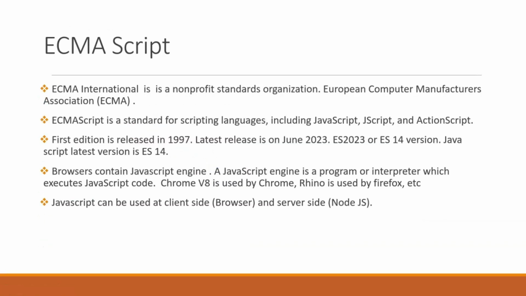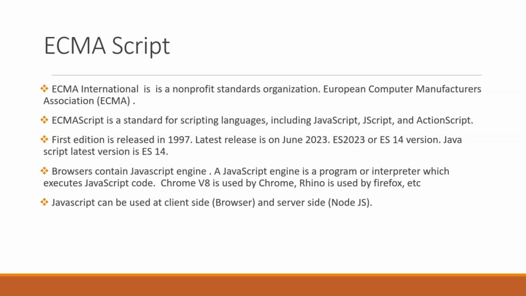What is ECMAScript? Netscape submitted JavaScript to ECMA International. And what is ECMA International? It is a non-profit standards organization, and ECMA's full form is European Computer Manufacturers Association. This ECMAScript is a standard for all scripting languages including JavaScript, JScript, and ActionScript.